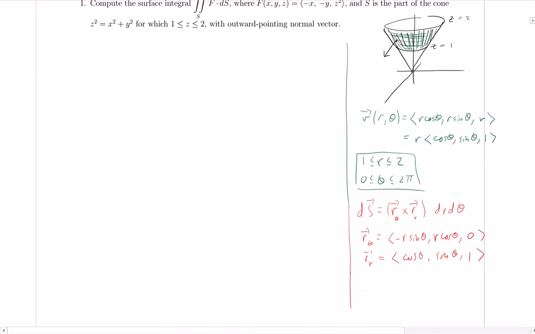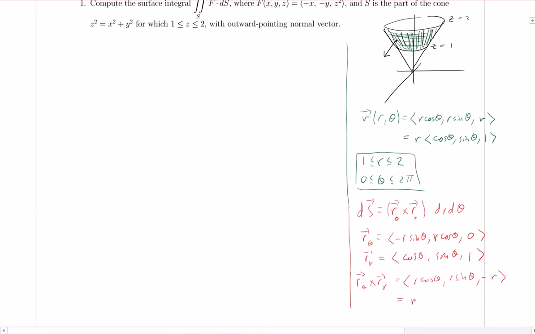And taking their cross product, we get r cosine theta, r sine theta, and, let's see, minus r sine squared theta minus r cosine squared theta, so minus r.